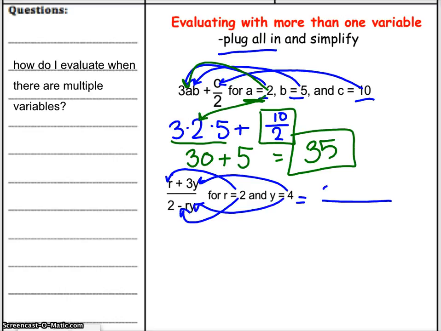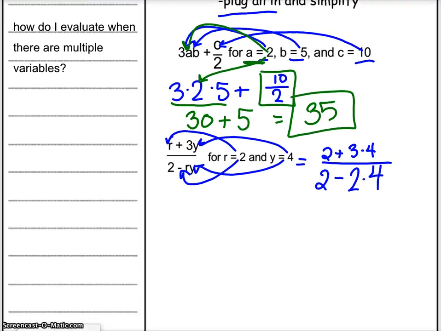So it's going to be 2 plus 3 times 4 over 2 minus r times y. So 2 minus r is 2, y is 4. 2 times 4. Oh, I like this one. Now what should I do to the top? Should I go 2 plus 3 or 3 times 4 first? 3 times 4. Yeah, don't forget that.